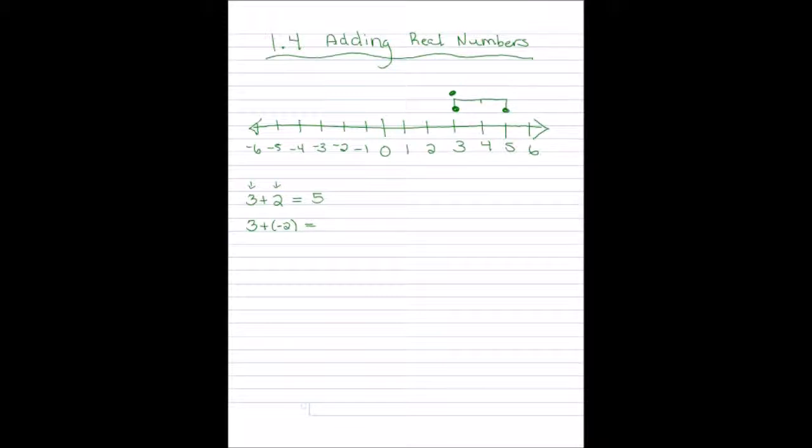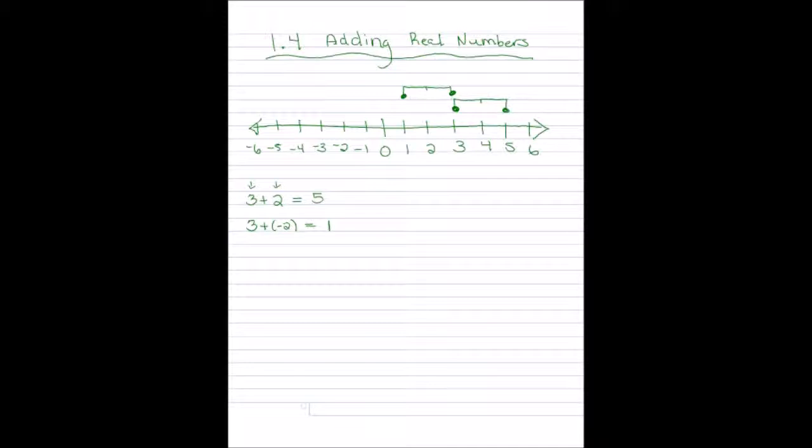And then instead of jumping forward 2 units, I'm going to jump backwards 2 units because it is a negative sign. And look at the number that I stop at. I stop at the number 1. So the answer for this is actually going to be 1. So think about what happened. You started with 3, and then you took away 2 units, and that left you with 1.